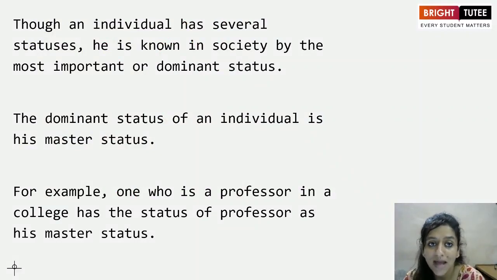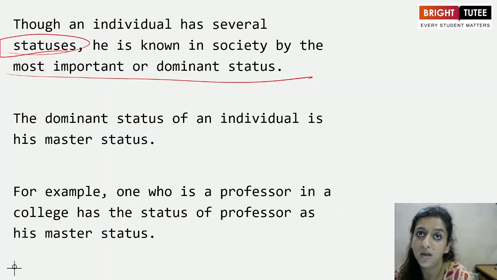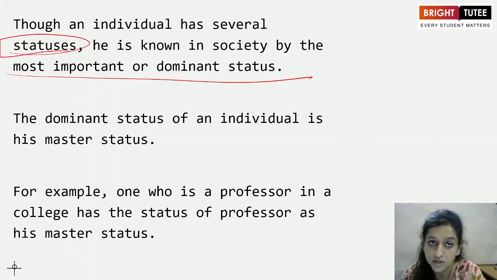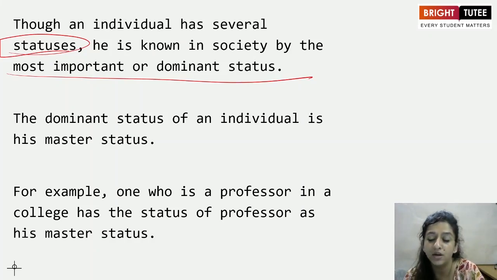Though an individual has several statuses, he is known in society by the most important or the dominant status. Our Prime Minister Narendra Modi is not majorly known in any of these other scenarios, but majorly they are known by their most important or dominant status.